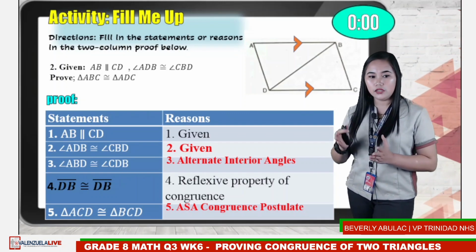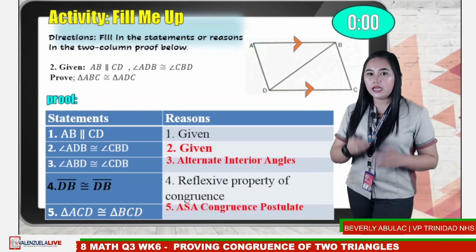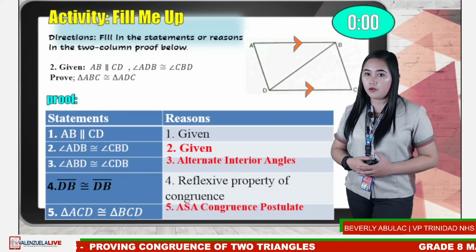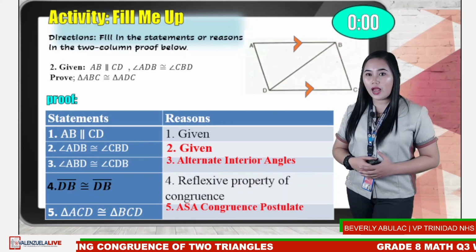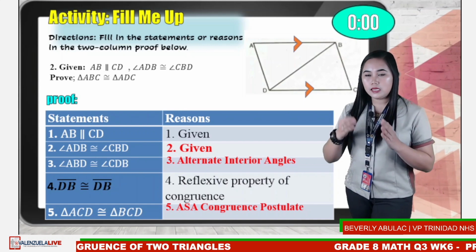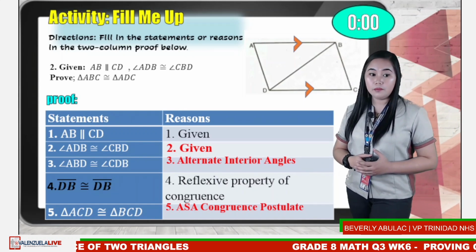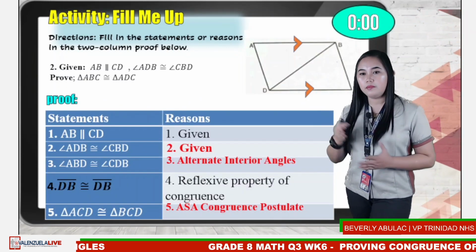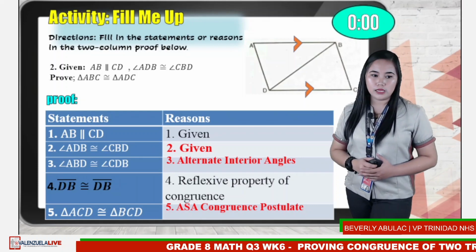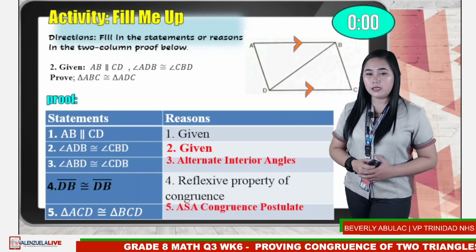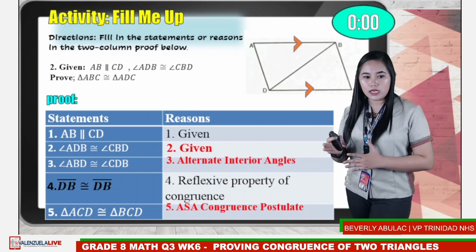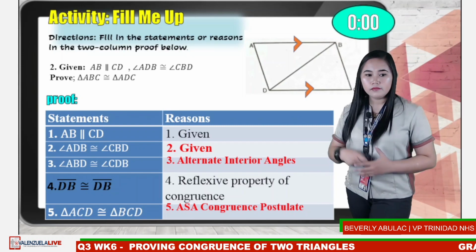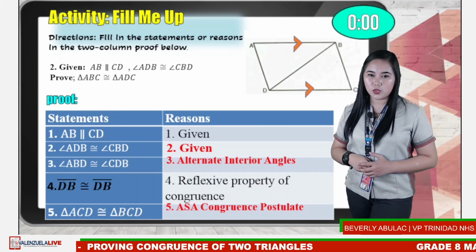Now, by the reflexive property of congruence, both triangles share the same side, which is segment DB. So segment DB is congruent to segment DB. Therefore, triangle ABC is congruent to triangle BCD by the ASA congruence postulate.